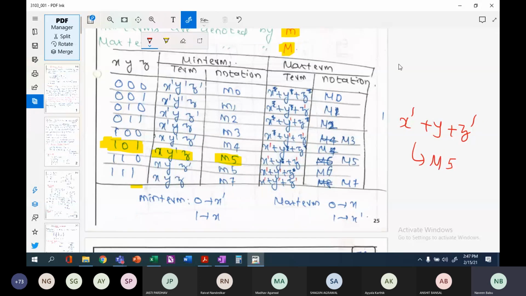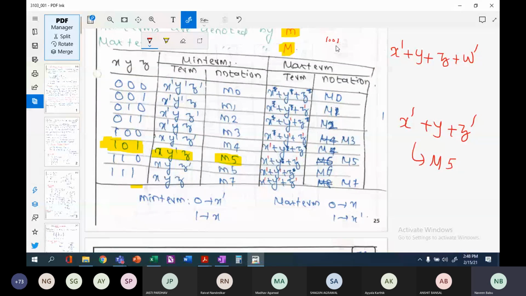I'll just give you a random example. How do you represent x bar y z plus w bar in terms of max term? Please note that for my calculation I am just writing, this is equivalent to 1001.